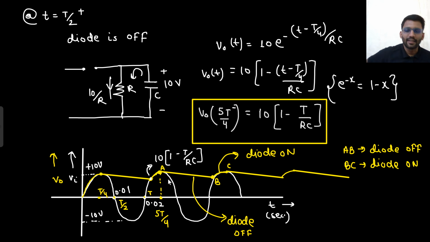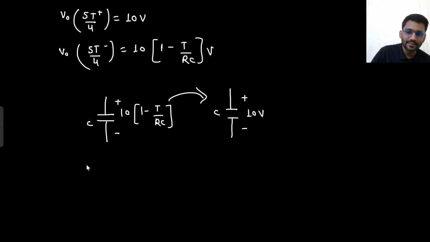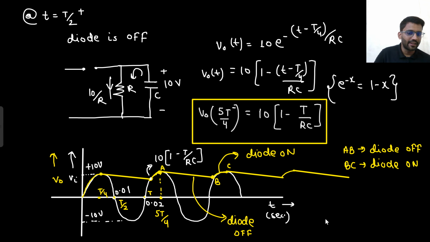What I mean to say is that here your diode is turning on. So what I will write is that my IDT is IRT plus ICT. What is my IRT? IRT is 10 by R. Certainly it is 10 by R. You can say the current is nearly constant.